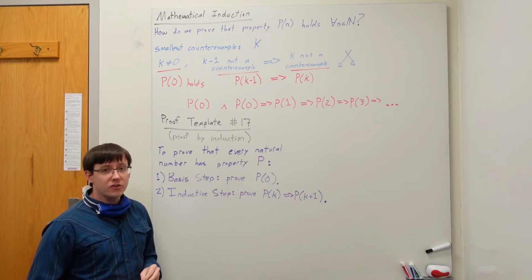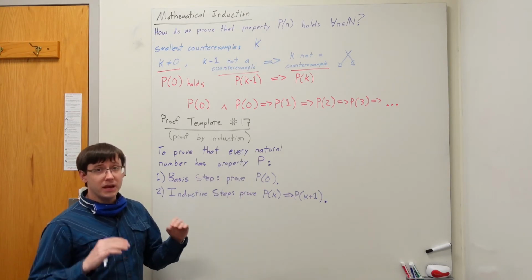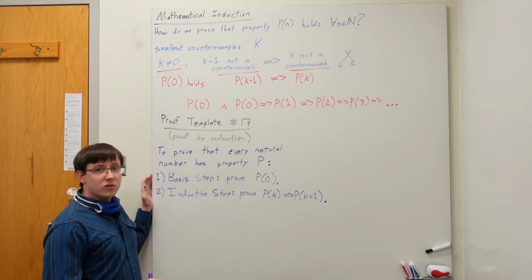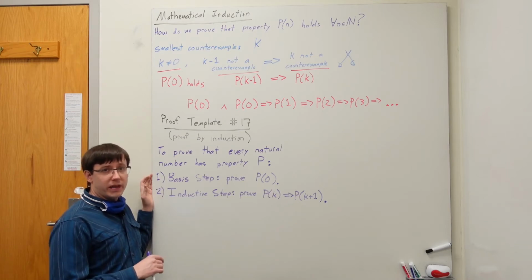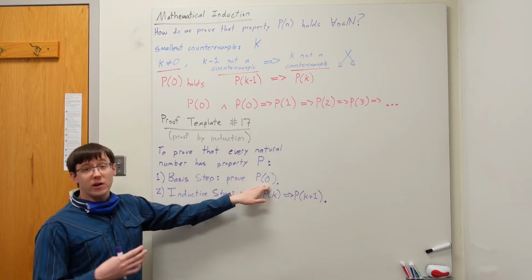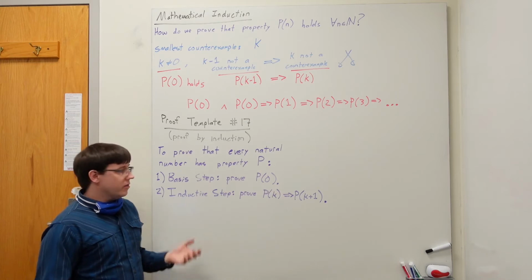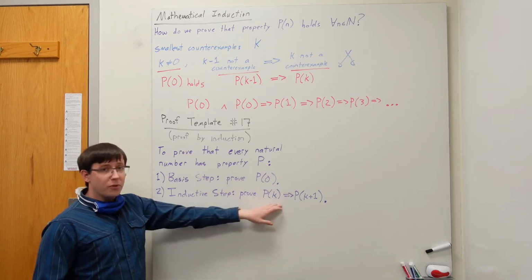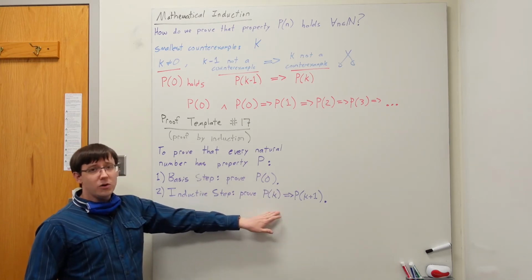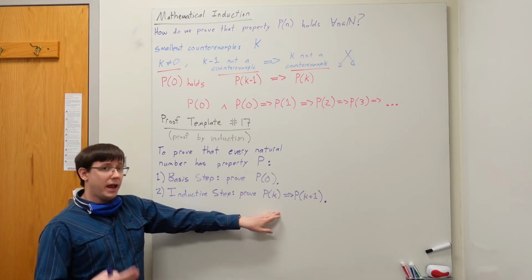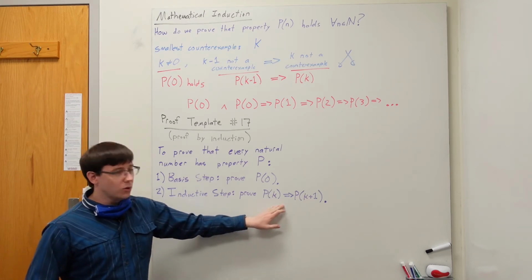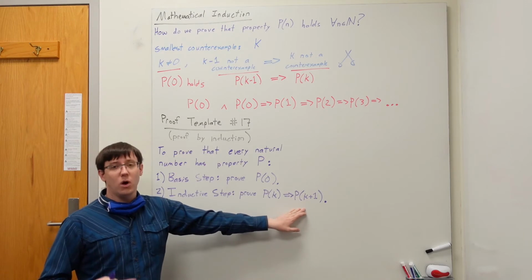In a proof by induction, we start by establishing a base case, proving the smallest instance of the property that we care about, typically that the property holds for 0. Then the inductive step is to prove that if the property holds for a generic k, then it will also hold for that k plus 1.